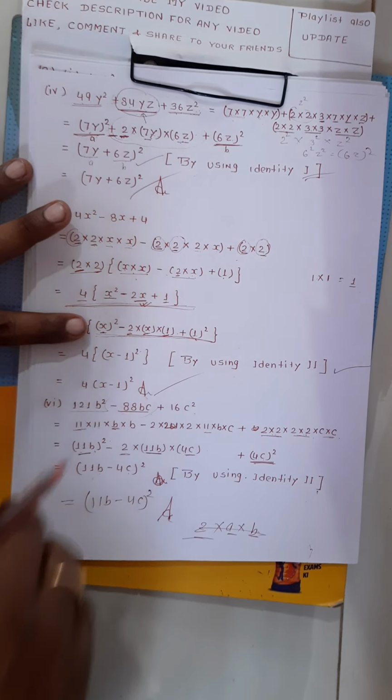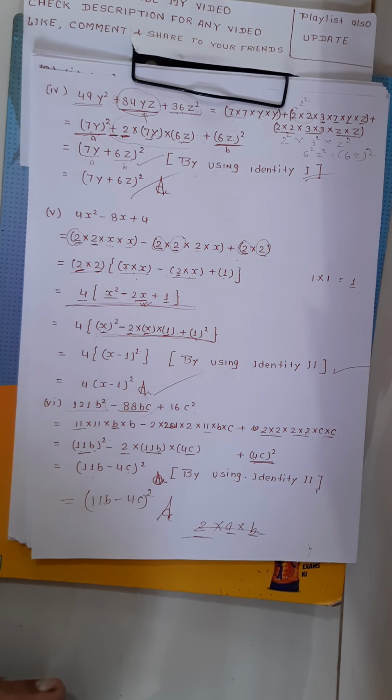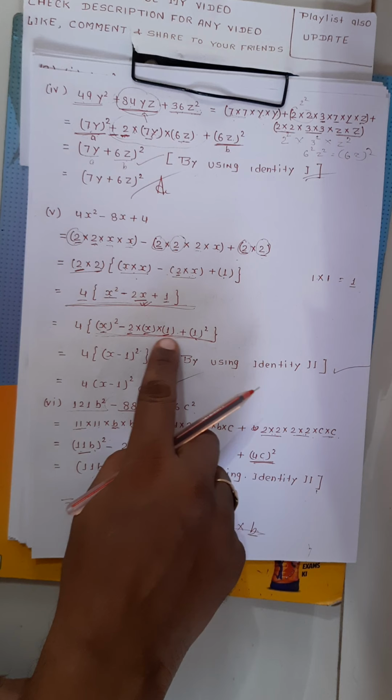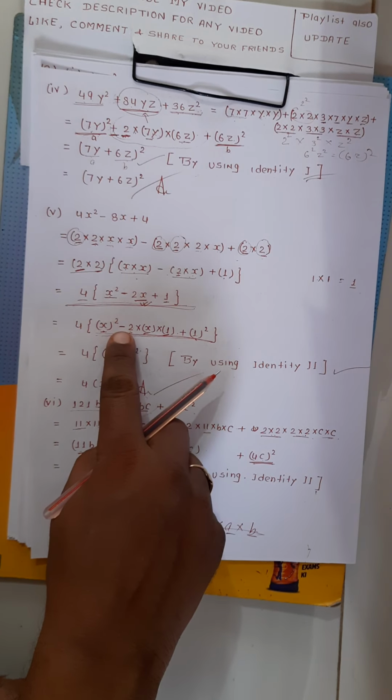That means we made it as the structure of a square, b square, 2ab. Now it is not confirmed whether identity first or second will apply. For the first and second, we will see the sign of 2ab, and here with the 2ab there is a minus sign, so we can apply identity number second.